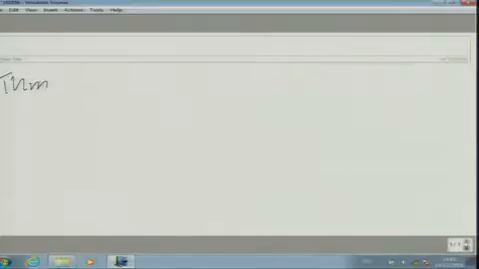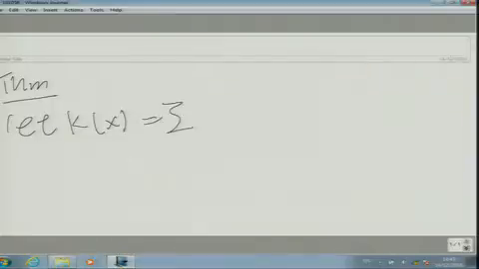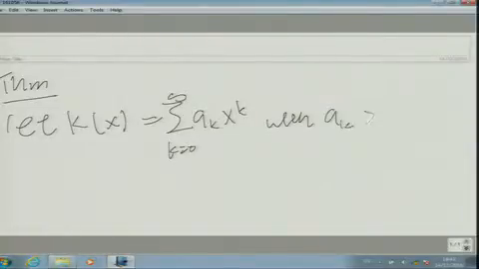And so the theorem now comes. We let a function K(x), which is the summation of a_k x to the power k, with k equal to 0 to infinity, and a_k greater than 0 for all k.